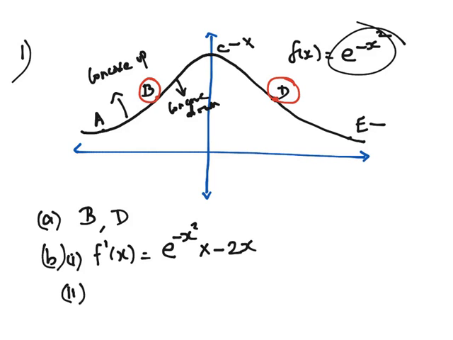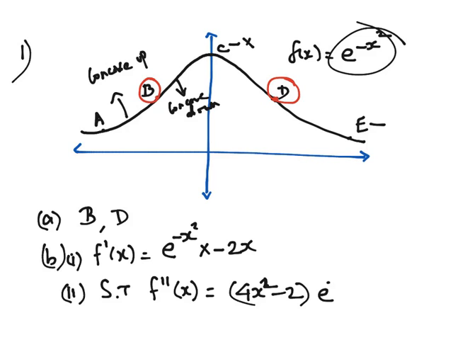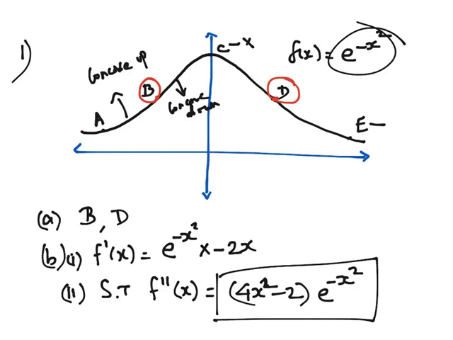Now B2 is, they're saying show that f double dash of x equals 4x squared minus 2 into e power minus x squared. So they have given you the second derivative, and you have to prove that. How do you do it? Again, quite simple. I have to differentiate this, so let me use the product rule. So f double dash of x is, I'll differentiate the first one, that is e power minus x squared, into minus 2x.